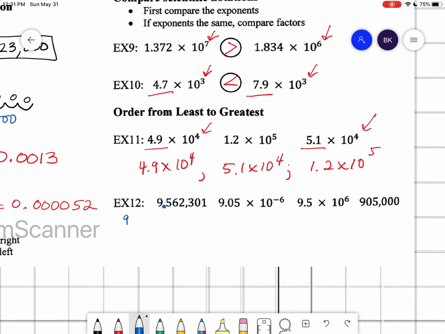So it's going to be 9.562301 times 10, and that's going to be 1, 2, 3, 4, 5, 6, to the 6th power. And the last one, I'm going to put between 9 and 0. So that's going to be 9.05 times 10. And that's going to be 1, 2, 3, 4, and 5.